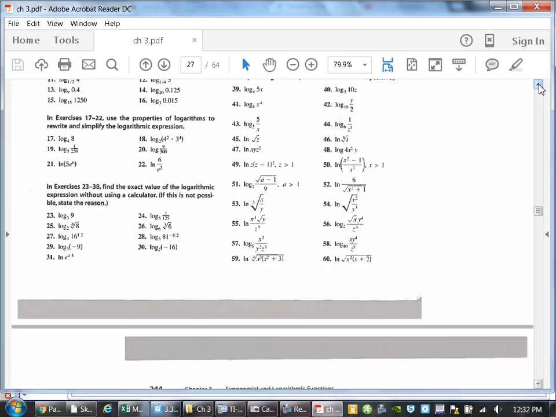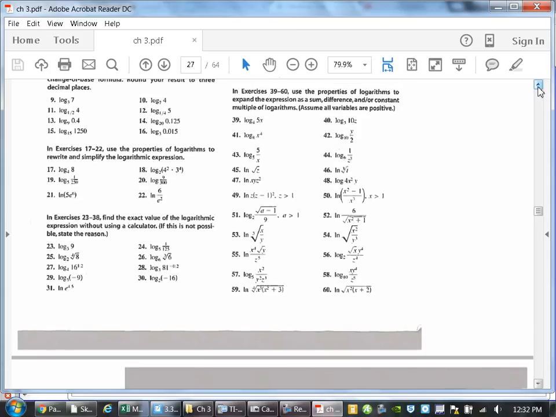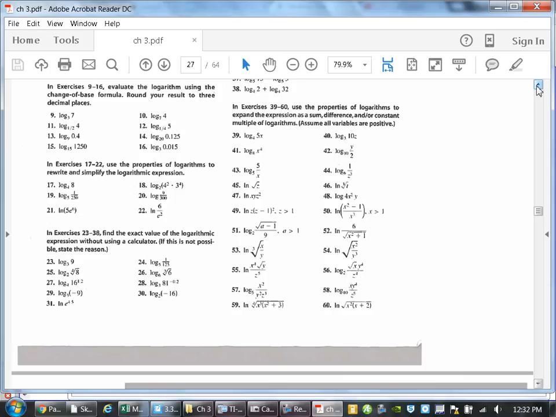So these first 6 or 7 of them, can you rewrite and find the exact value without using the exponent? So it's log base 3 of 9. That's going to be log base 3 of 3 squared, which is 2. Things like that. As you look at the other side here, it's starting at 39. It says to expand, and then on the next page would be condense.